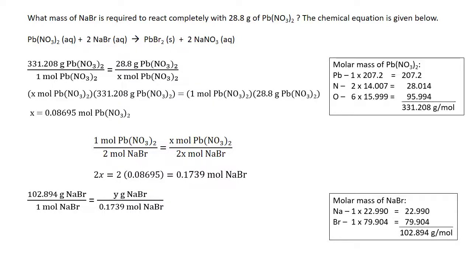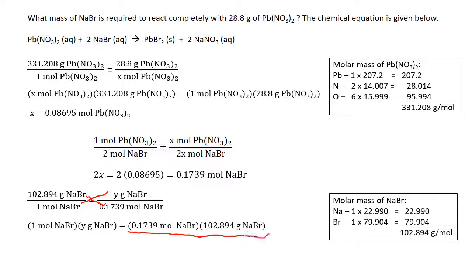Then again, it's a simple matter of solving by cross multiplication. On the left side, we're going to have our unknown y times the 1 mole of sodium bromide. And that will equal on the right side the 102.894 grams times the 0.1739. Now, it's pretty easy to solve for y. We just need to divide both sides by 1.